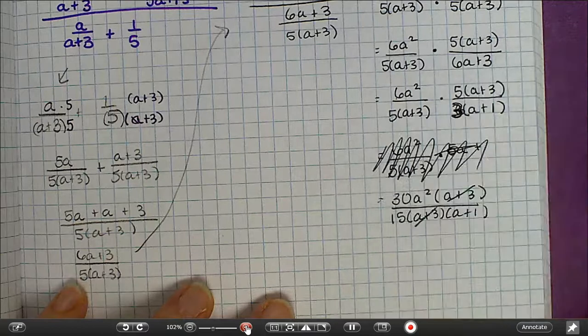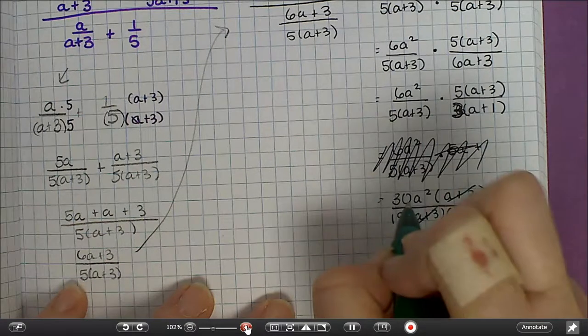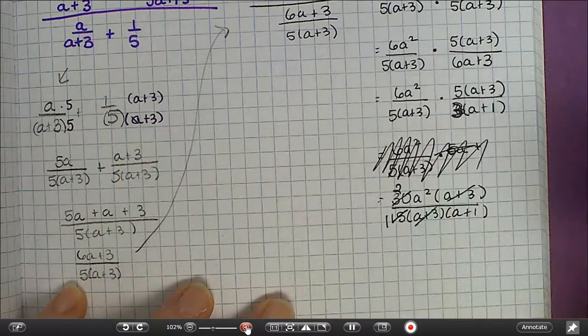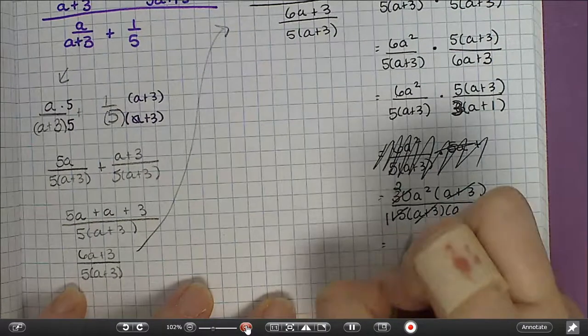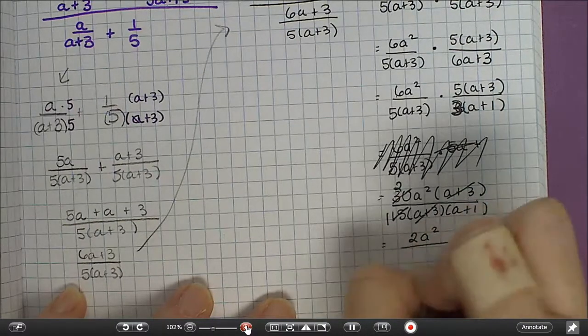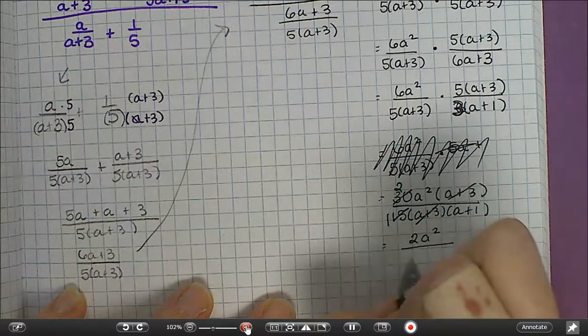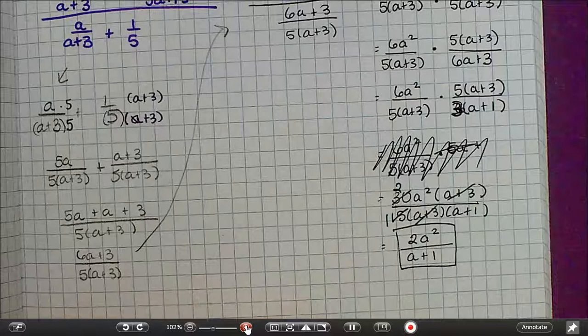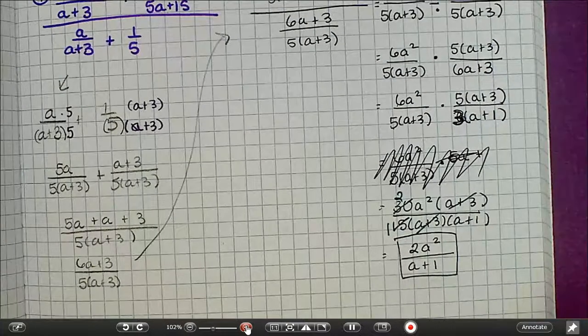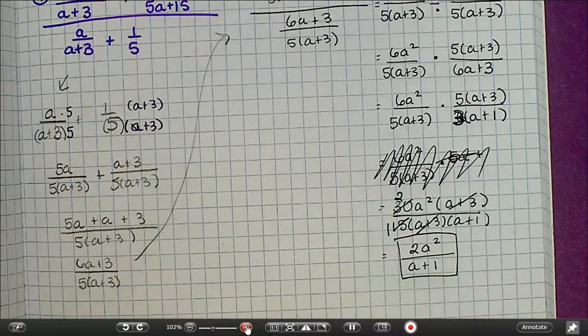We can cross off our a plus 3's. 30 and 15 would become 2. So we have 2a squared left in the numerator and just a plus 1 in the denominator. So that is how you do complex rational expressions. I think they're kind of fun, and I hope you have a good day.